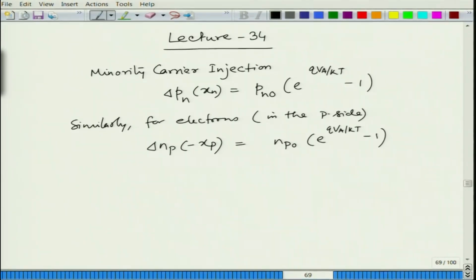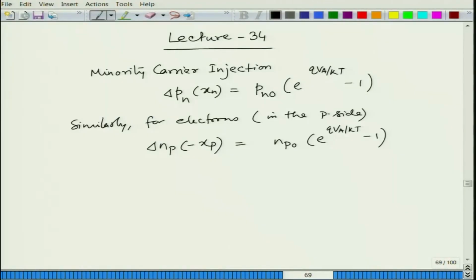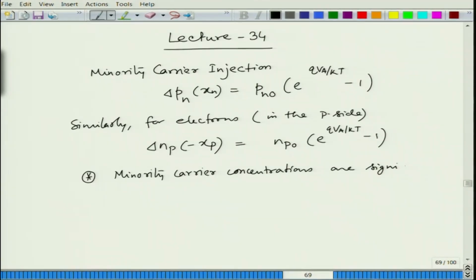A similar procedure can be followed to obtain this expression. It is important to note that minority carrier concentrations are significantly affected, and I stress the word significantly, under forward bias condition.